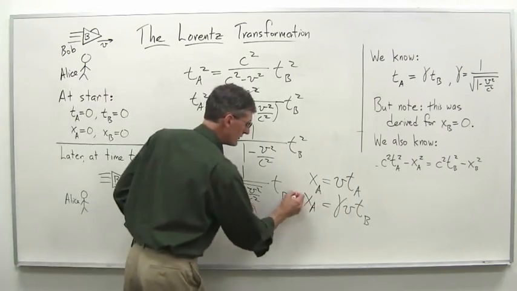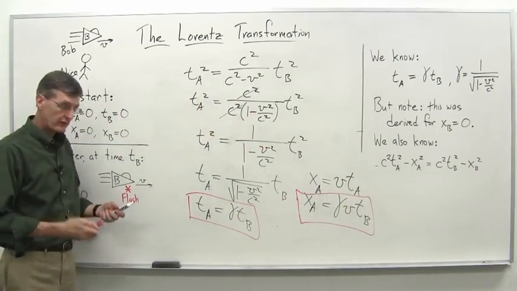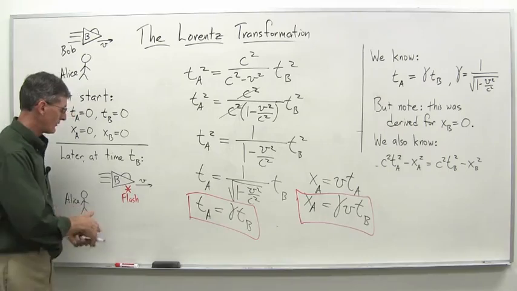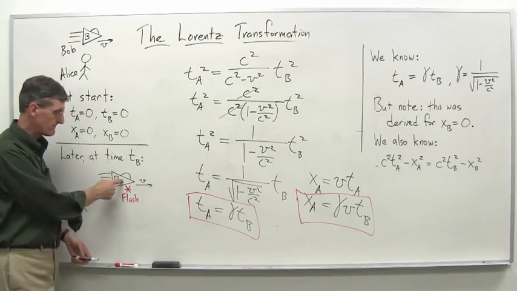So now we have our two equations, highlighted here. We've got that and that. That's a form of the Lorentz transformation for the case where the event is occurring at xb equals 0. Okay?